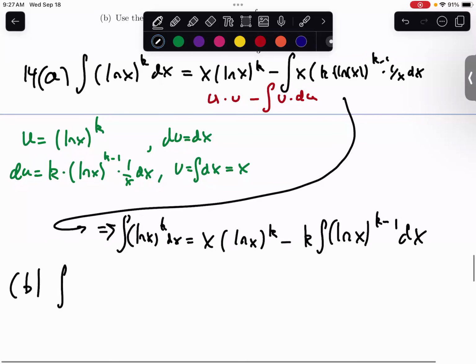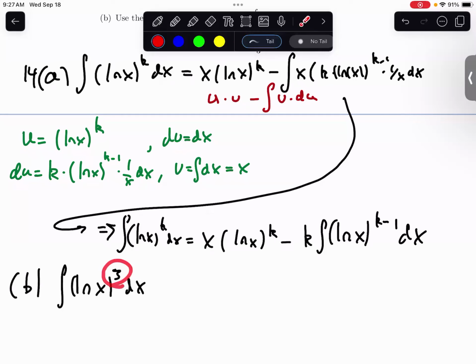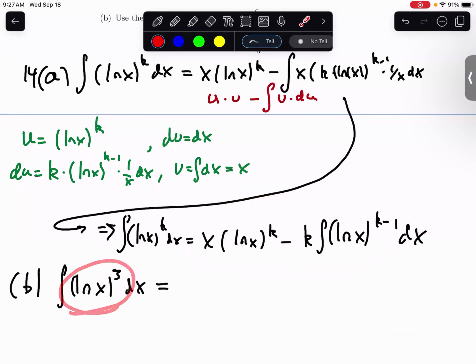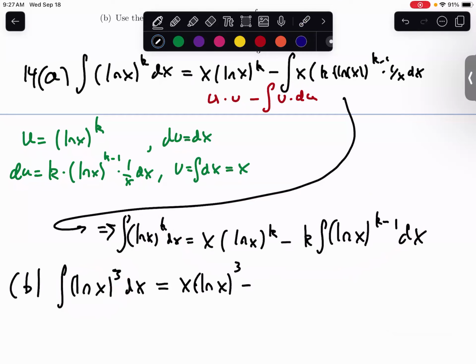So we want to find the integral of the natural log of x to the third power dx. In our case, k is equal to 3. Using this reduction formula, this tells us that the third power of the natural log, if we take the antiderivative, is going to be equal to x times the natural log of x to the third power minus 3 times the integral of the natural log of x to the second power dx.